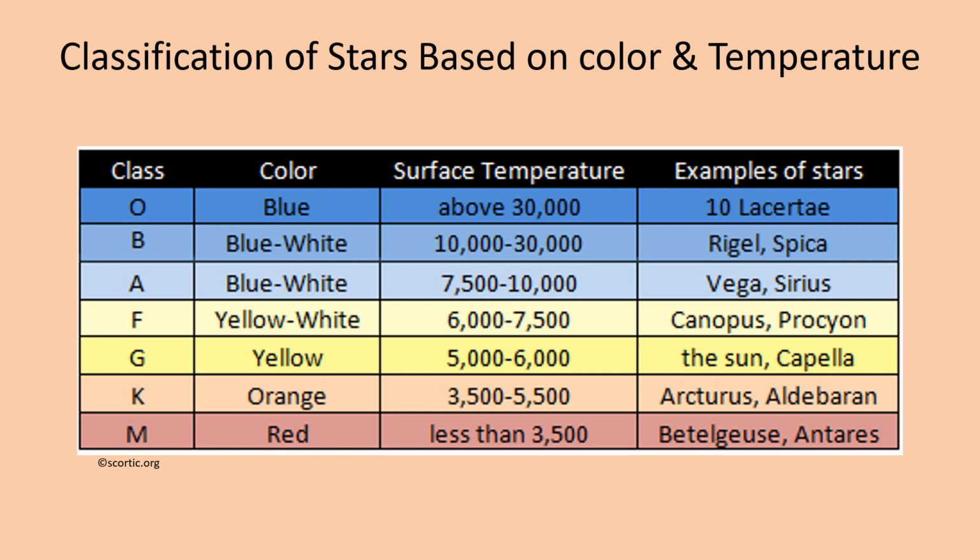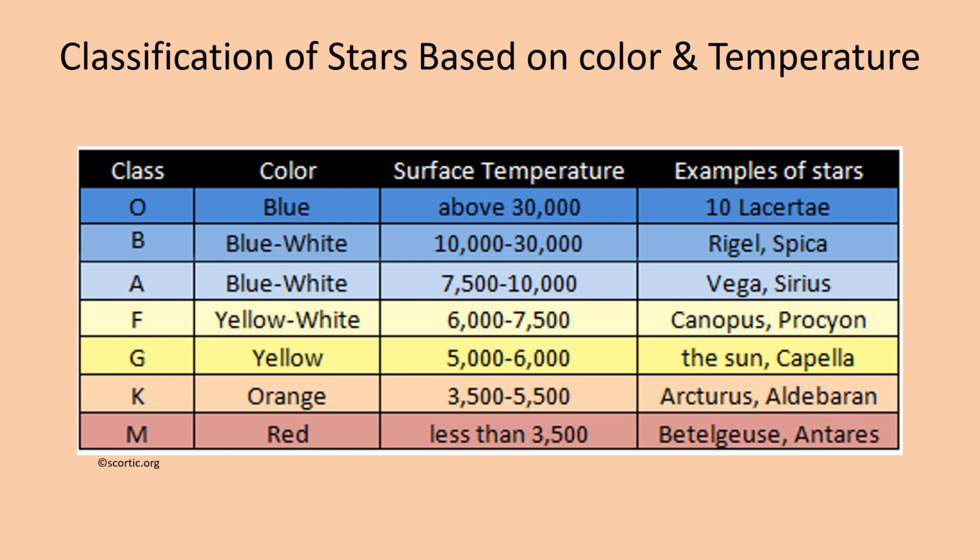Class M has color red with surface temperature less than 3,500 Kelvin, and the intermediate stage is yellow, class G, with surface temperature 5,000 to 6,000 Kelvin. In this class, our very own solar system star, the Sun, exists. So we can say that our Sun is basically a G-type main sequence star.